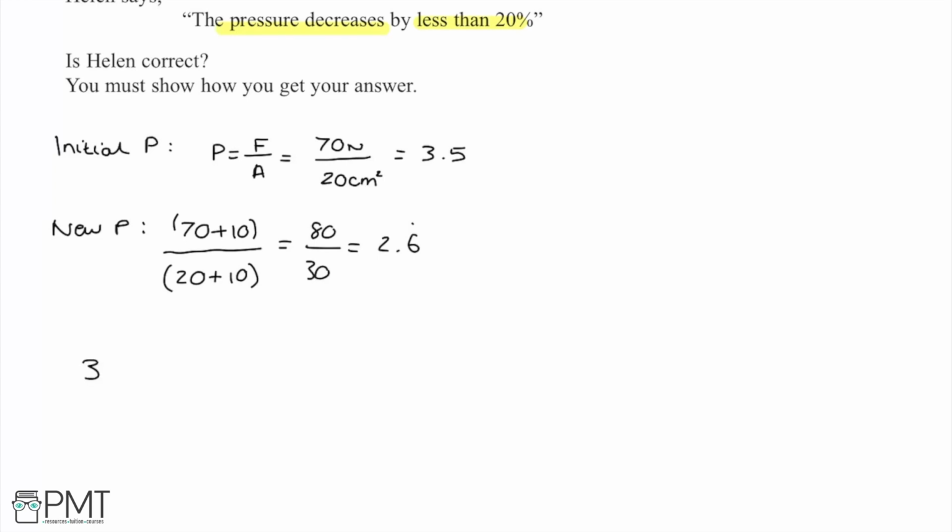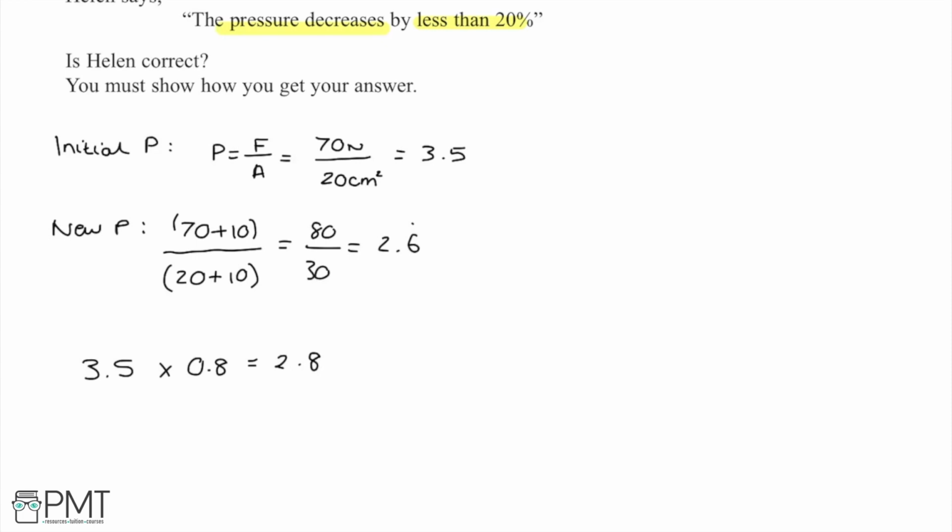So if I take the 3.5 and I want to see what 20% less than that is, I can multiply it by 0.8, so find 80%, which is 100% minus that 20%, of 3.5, and that gives me an answer of 2.8. So a 20% decrease from the 3.5 gives me an answer of 2.8.